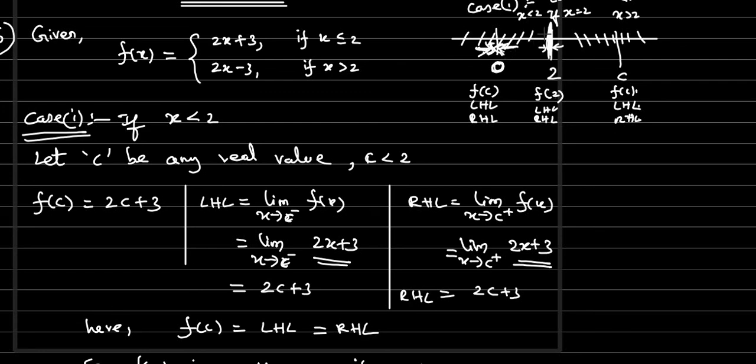We should not consider values far on the right side like 1000, 200, 250, 5. These values are obviously greater than 2, but we should not consider them. Only very close values we have to consider while applying the limit. So now we can move on to case 2.